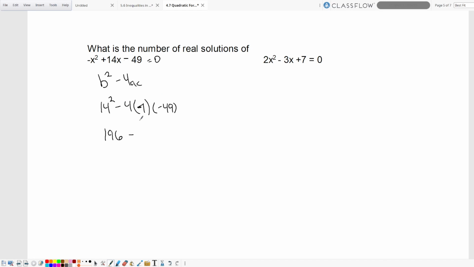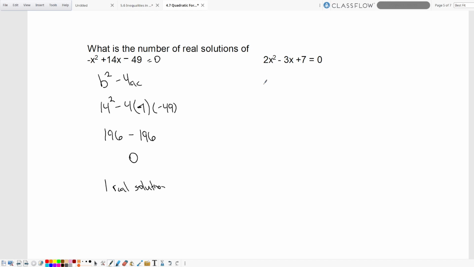So -4 times -49 gives you a positive 196, but then this other one flips it back to a negative. So you have 196 minus 196, which gives you 0. Because I have a discriminant of 0, that means that I have one real solution. So if I were to find the x-intercepts for this problem, I would only find one of them.